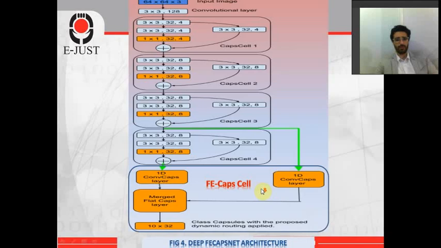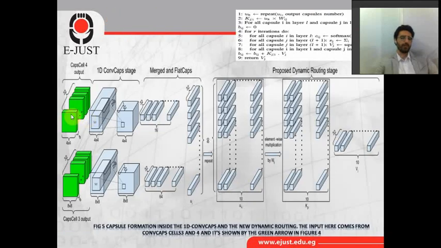So the input, as you can see here, enters the 1D convolutional capsules, and using 1D convolutional operations we have an embedded representation here for the capsules, and the features are stacked over each other.